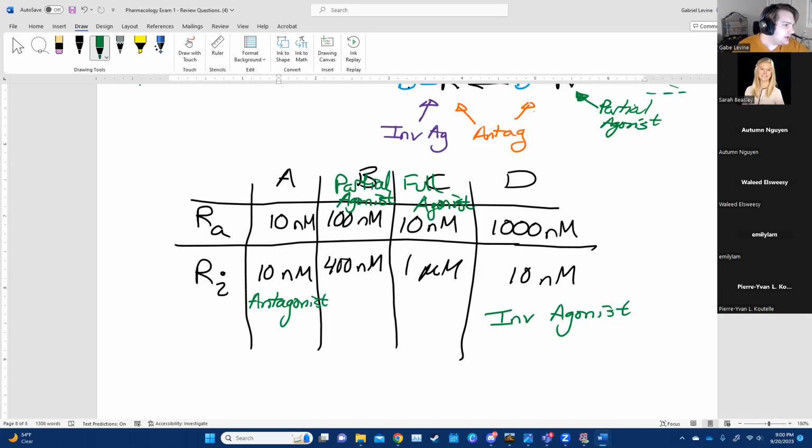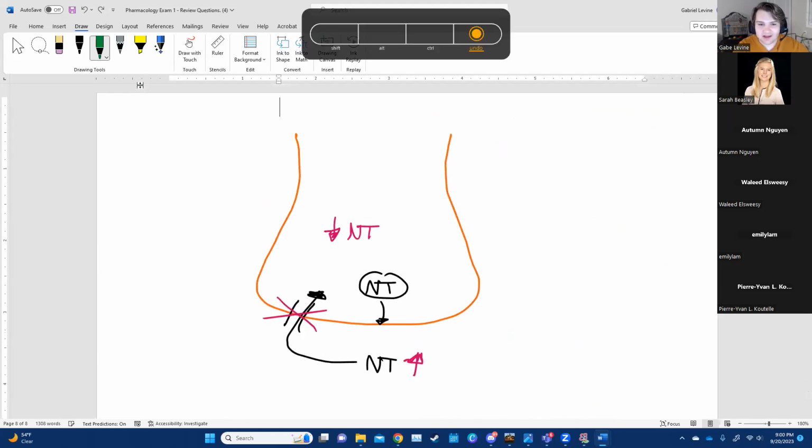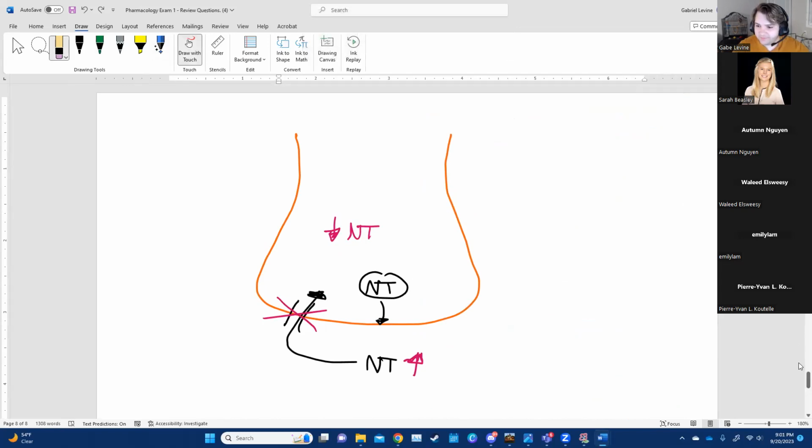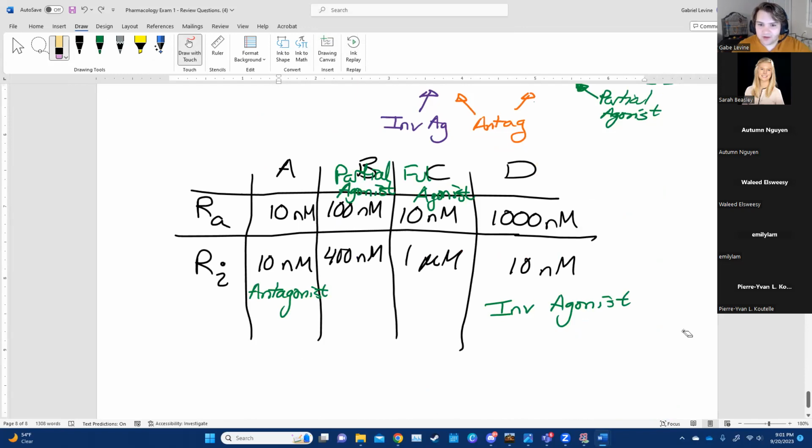Would it be 100 nanomolar and then 10 nanomolar? Yeah, that's fair. If we converted, okay. Yeah, I guess it would only be partial. That's a good point. So it would really, yeah.